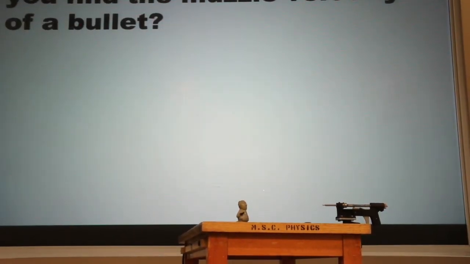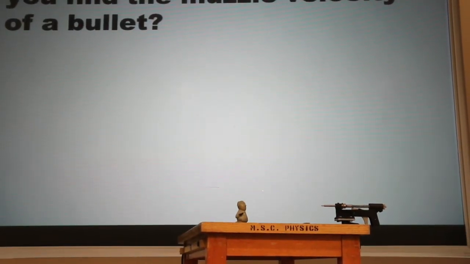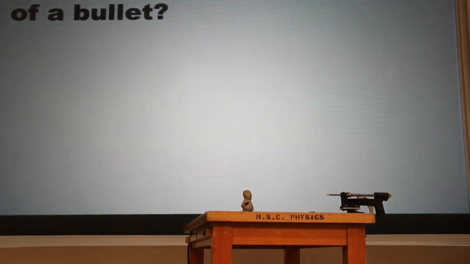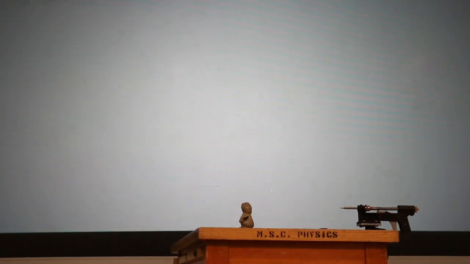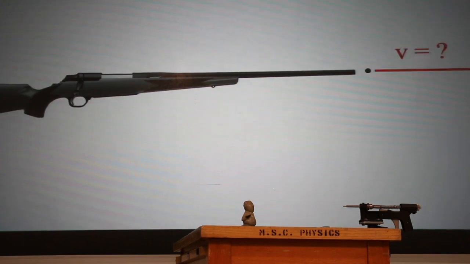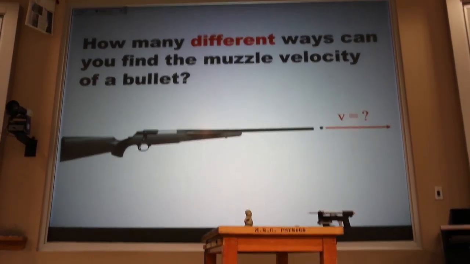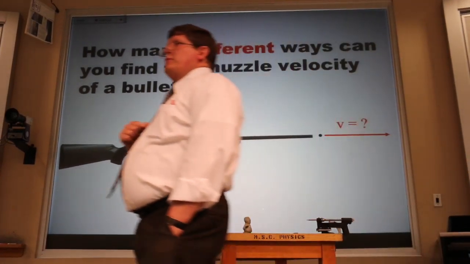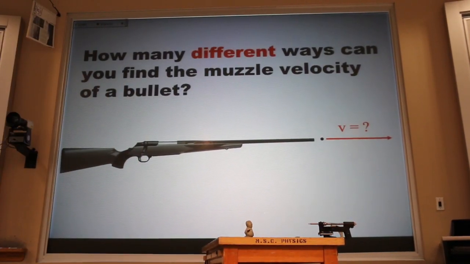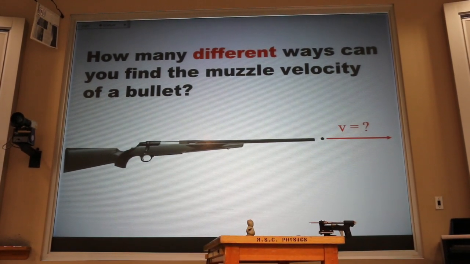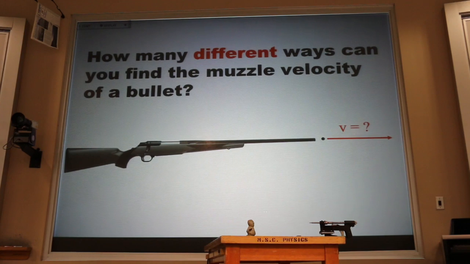There's some bills before the legislature that if passed, every single one of you will be packing, which makes me a little nervous at exam time. Anyway, if you wanted to calculate how fast the bullet was traveling when it left that barrel, how many different ways could you do that? Be creative. Talk to your neighbor. Come up with at least 4 or 5 different ways.